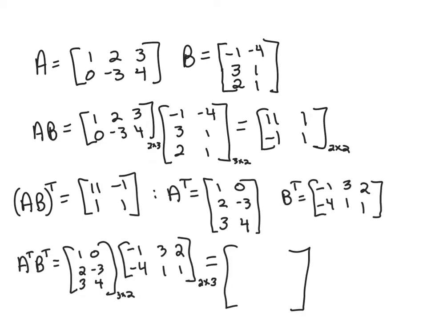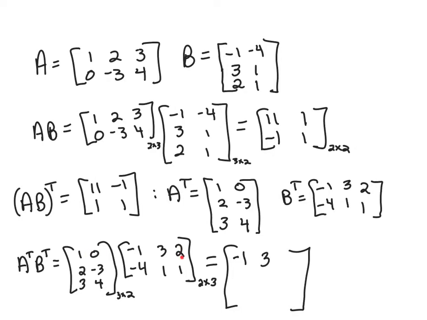Okay, let's do this thing. And then I'm going to erase it because I want to show something else and I'm running out of room. So I multiply the row times the column, so I get a -1 and a 0, which is -1. Row 1, column 2 gives me 3 and a 0, which gives me a 3.